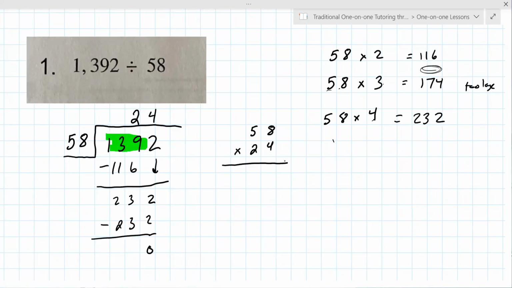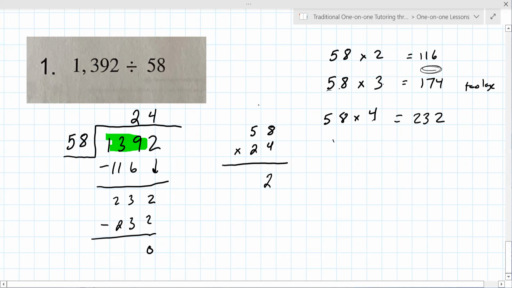Okay, so 4 times 8. 4 times 8 would be 32. So 2, carry the 3. 4 times 5 would be 20 plus 3 is 23. Okay.